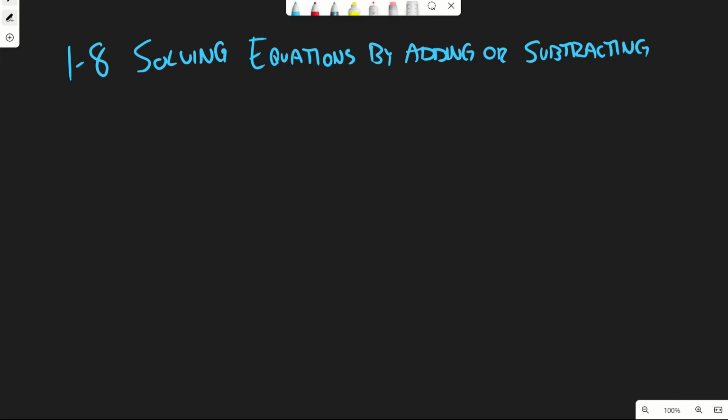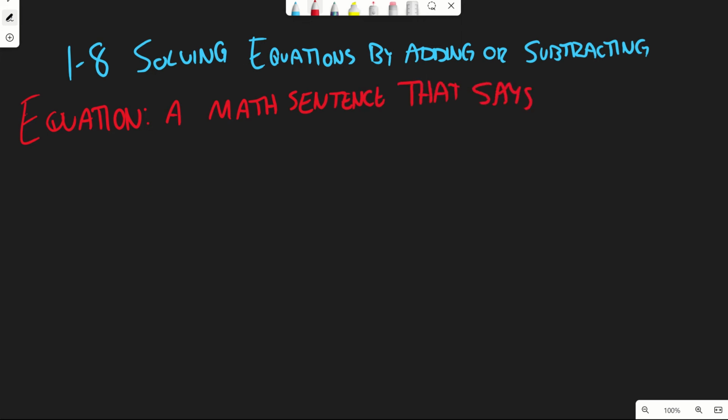So, when we talk about math and we talk about what is an equation, well, an equation is a math sentence that says two values are equal.